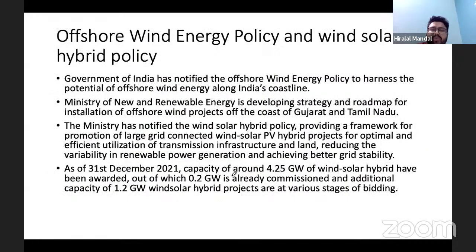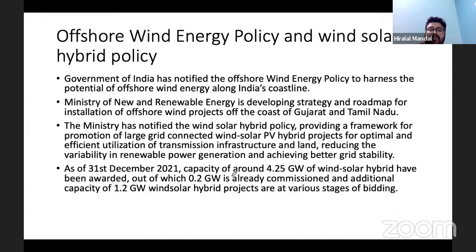At the same time, the offshore wind energy policy has been announced by the government. Under this policy, along the coast in the offshore areas, wind energy can be promoted, and for that infrastructure support will be provided by the government.